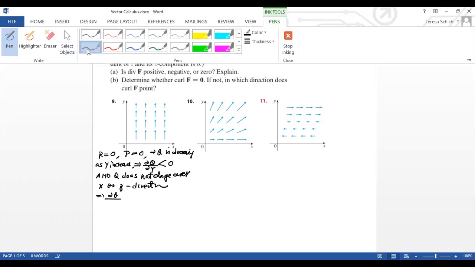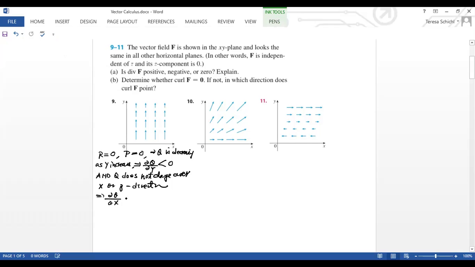That means the partial of Q with respect to x will be equal to the partial of Q with respect to z, which equals 0 here.